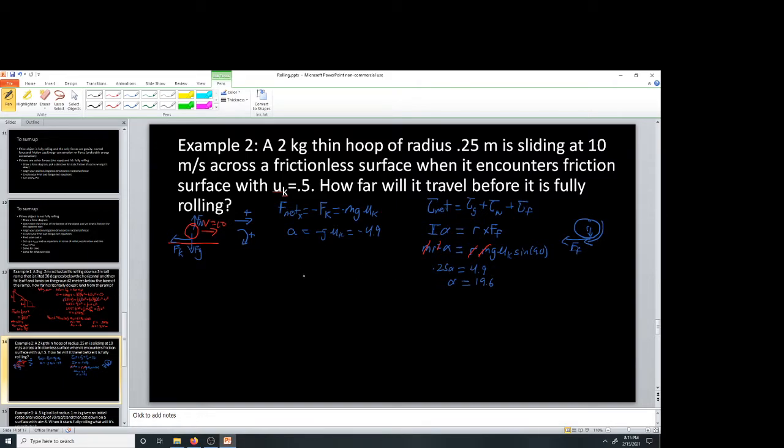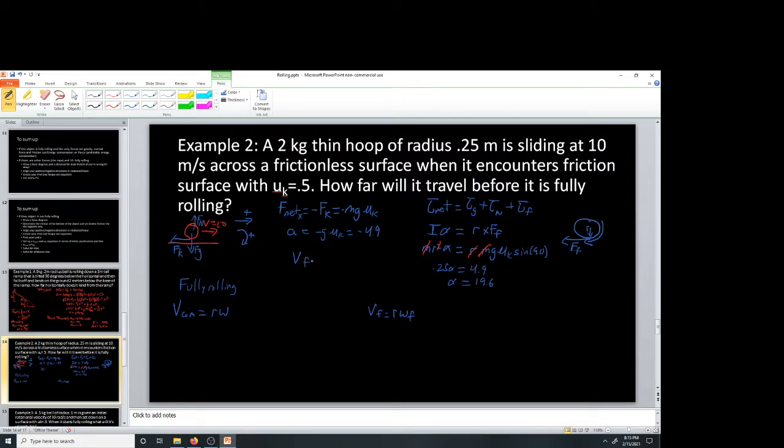All right, so now we get to why this matters. The main thing for fully rolling is that I want to end at that point, so I want V final to equal R omega final. How can I do that?